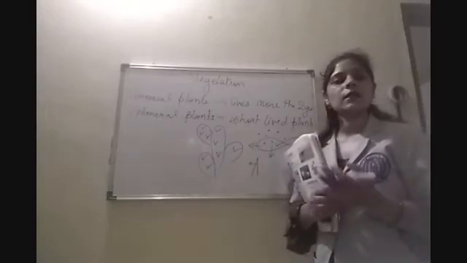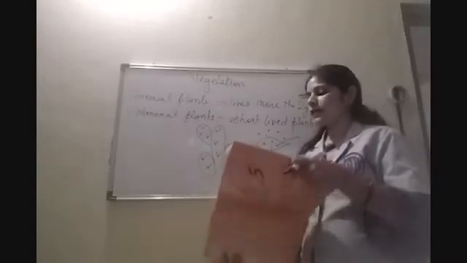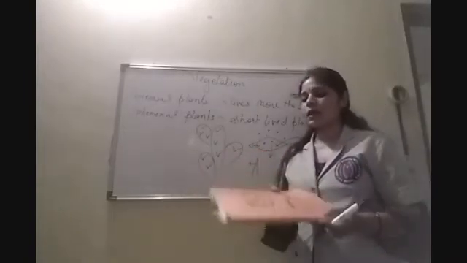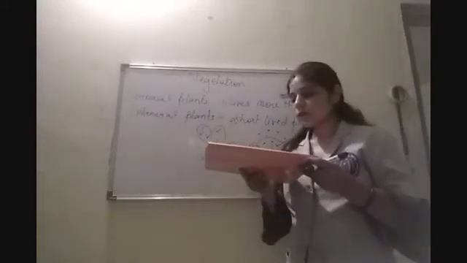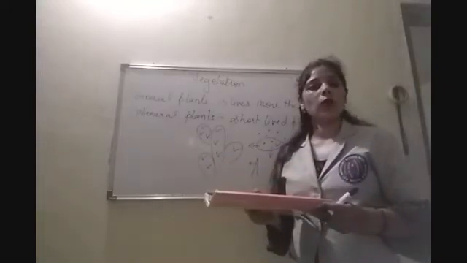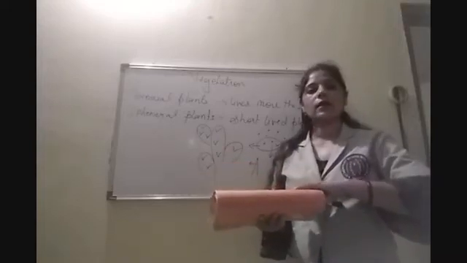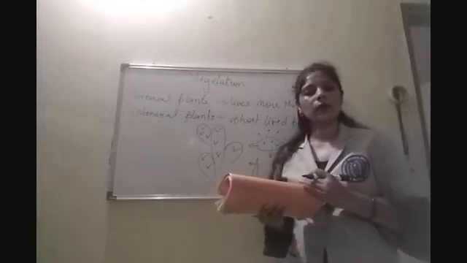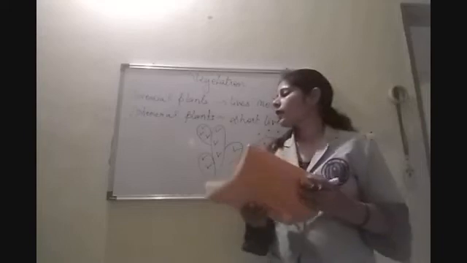The reason is the surface is more. Suppose I take this book as an example, suppose this is a leaf, and I spread water over it. From this surface more water would be taken, but if I fold it like this, the surface is reduced, and less water would be transpired from this area.